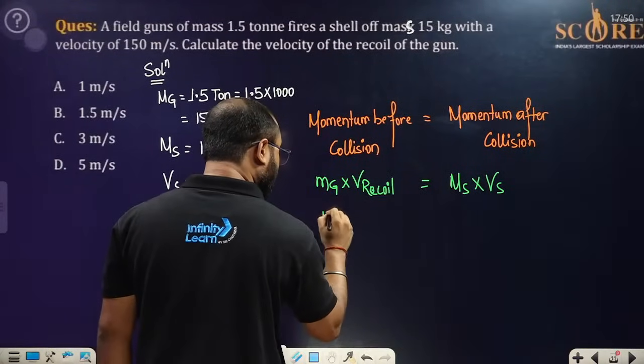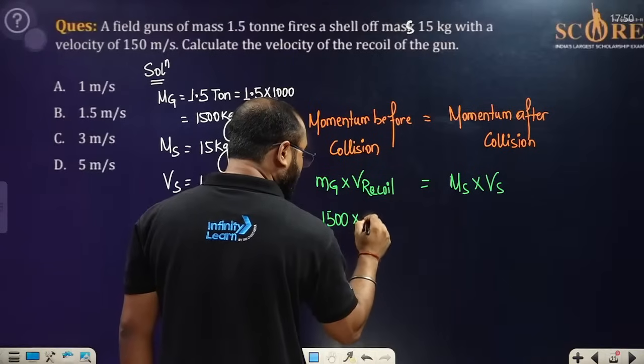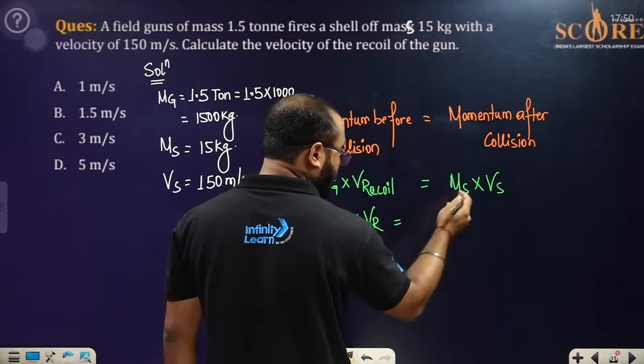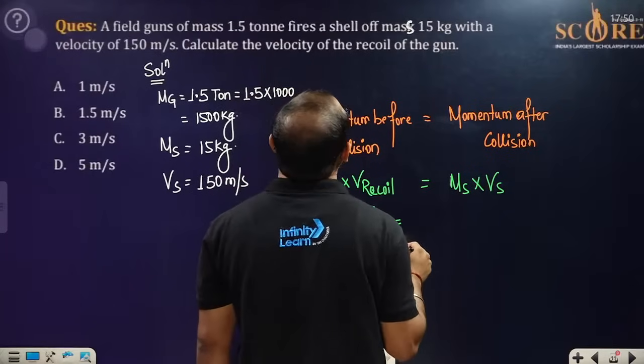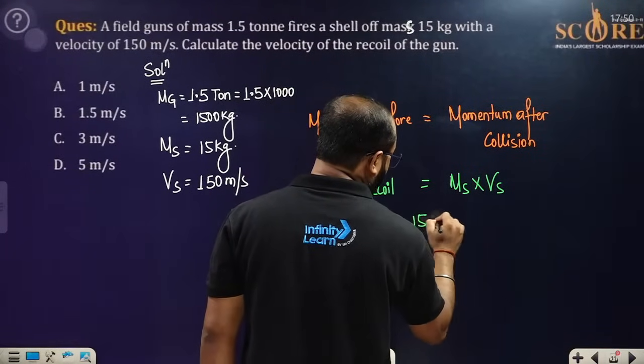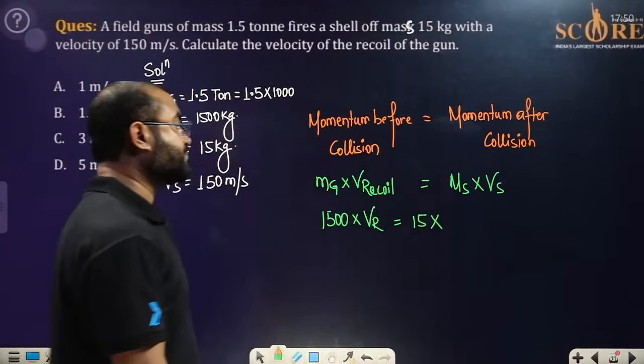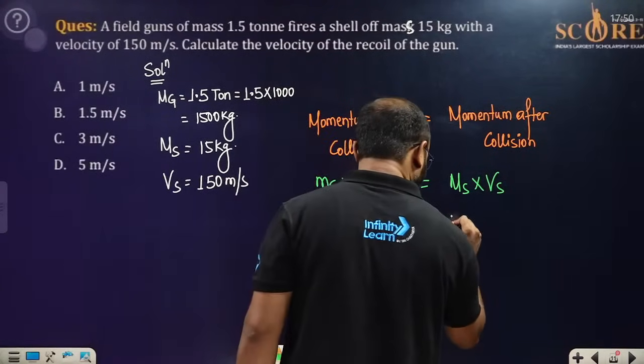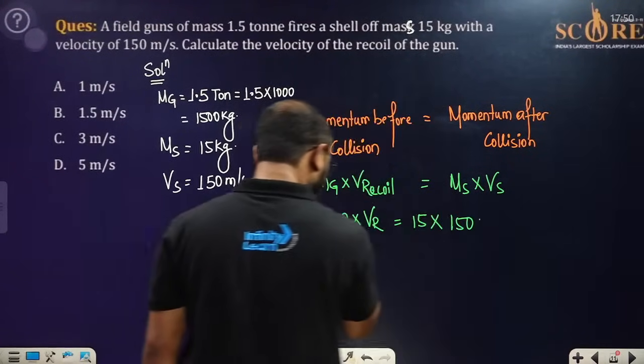So it is given as 1500 multiplied by the velocity of the recoil, everyone, will be equal to the mass of the shell, 15, multiplied by the velocity, that is 150. Getting my point?